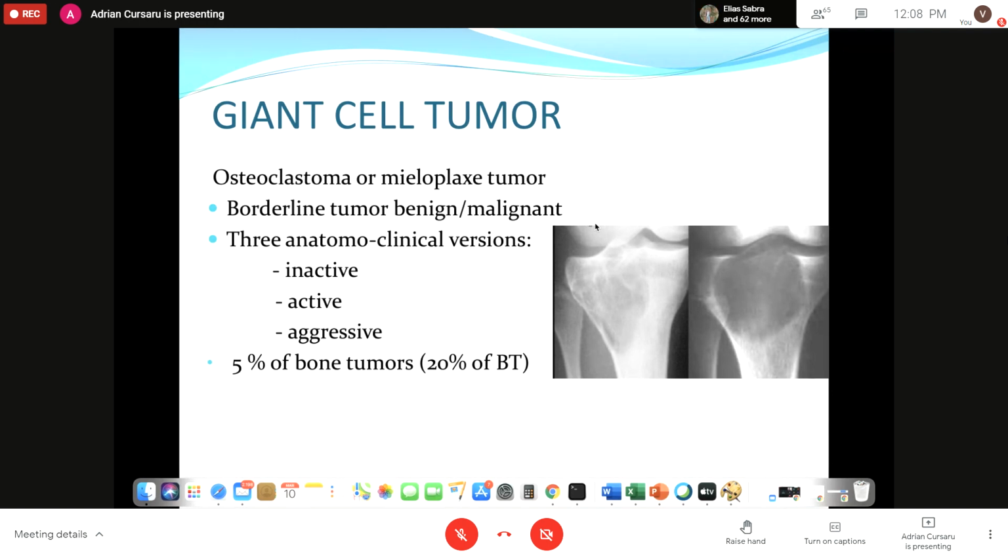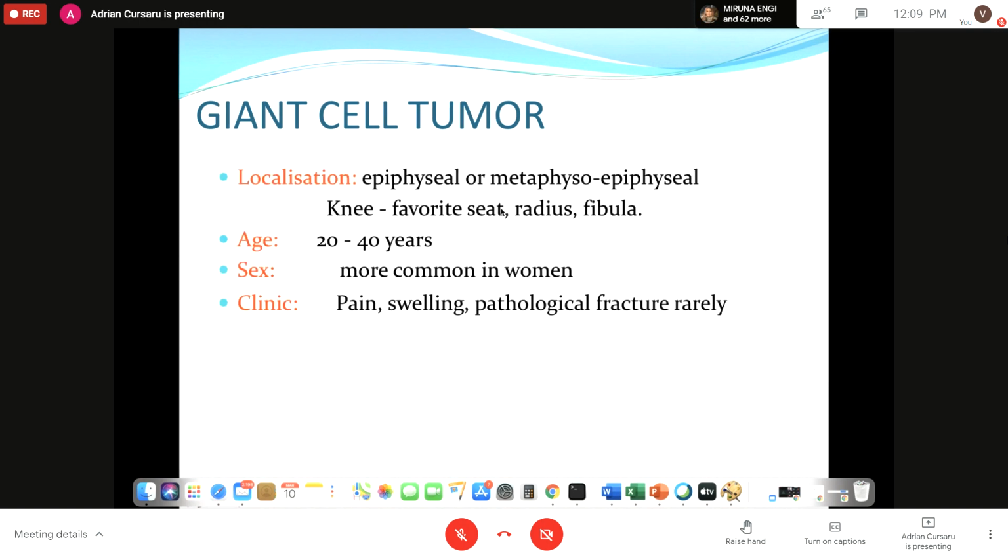If it's an inactive type of giant cell tumor, it is a benign treatment. If you have an active or aggressive one, the aggressive one is equal to a malignant tumor, and it is very important to make a correct treatment. You have to establish the diagnosis of an inactive tumor quickly, because it could transform into an active one anytime, and it is very important to make that correct diagnosis.